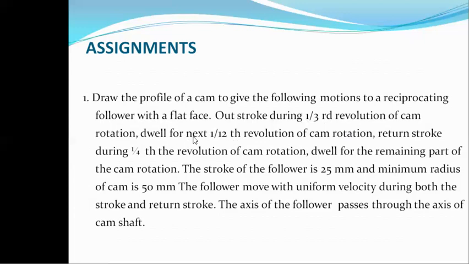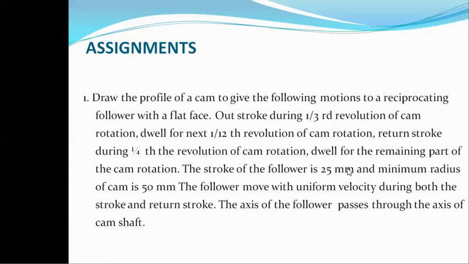And dwell for the next 1/12th revolution, that is 1/12 into 360, which is 30 degrees of cam rotation. Return stroke for 1/4 of a revolution of the cam, that is 1/4 into 360, which means 90 degrees. And dwell for the remaining part of cam rotation.